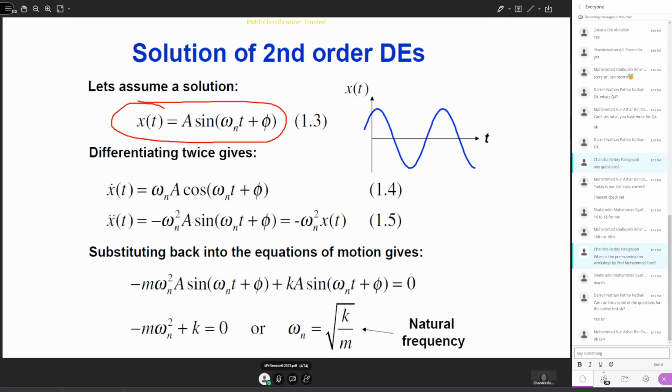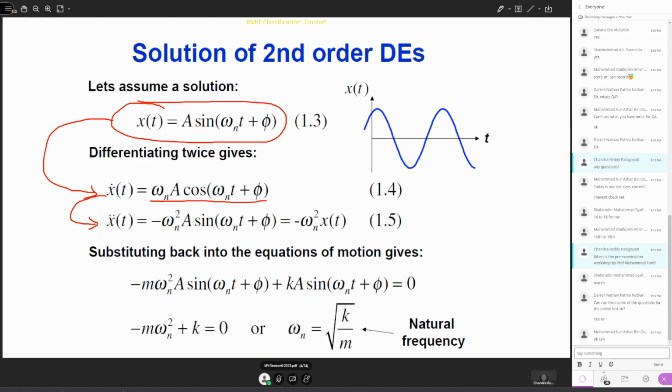So now we take the derivative of this, x dot t. When you take the derivative of sine, it becomes cosine, but since you have omega n, omega n comes out. So the derivative of x(t) will be omega n A cos(omega n t plus phi). So this is the first derivative. Then if you differentiate further, you get the second derivative.